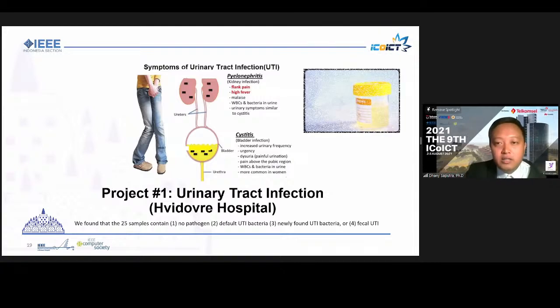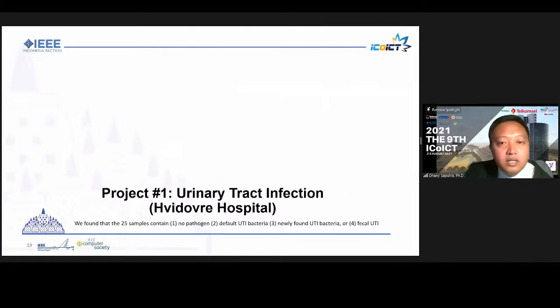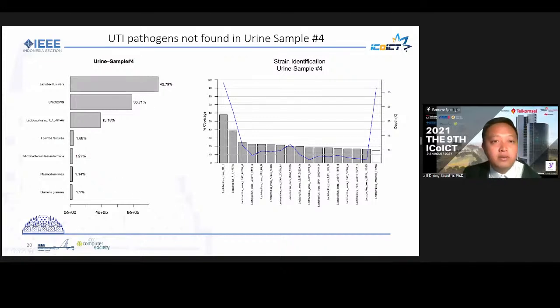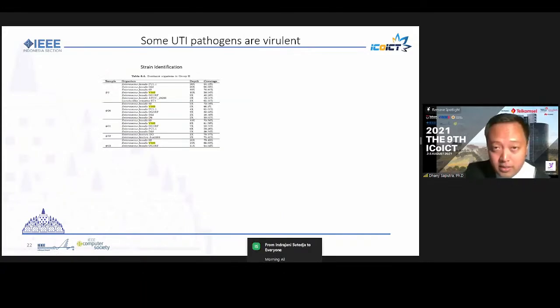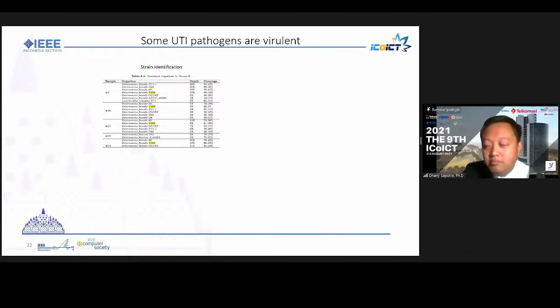For example, for patient number 4, there are no pathogens found in the urine sample. We need to find out whether the pathogens are virulent or not by going further into the sequencing analysis.